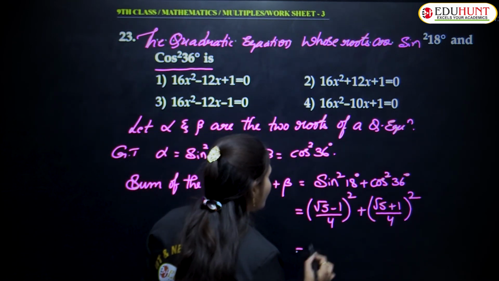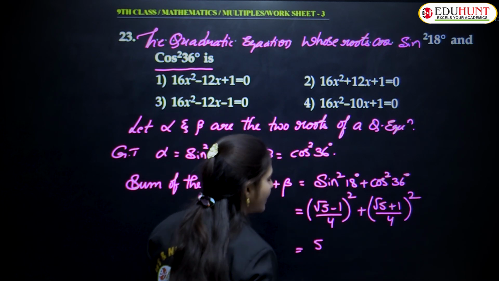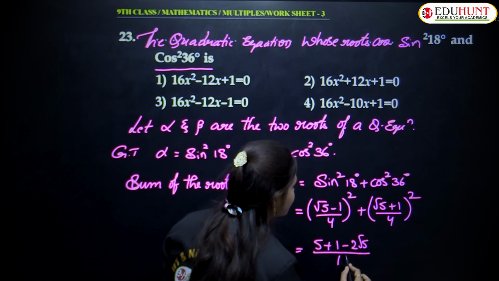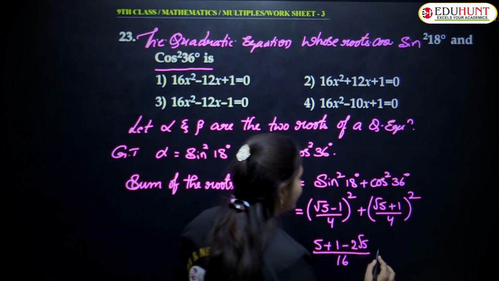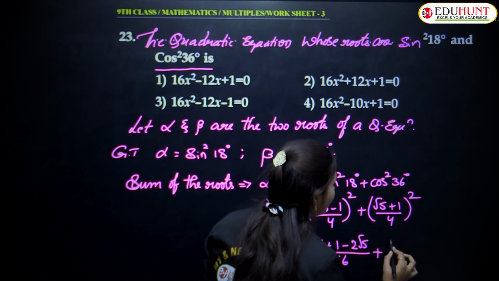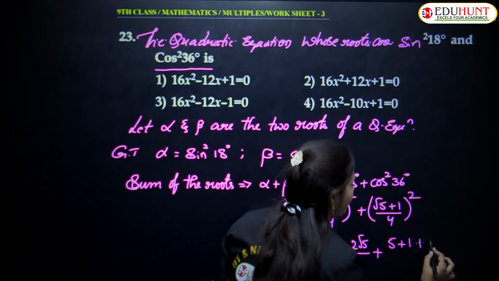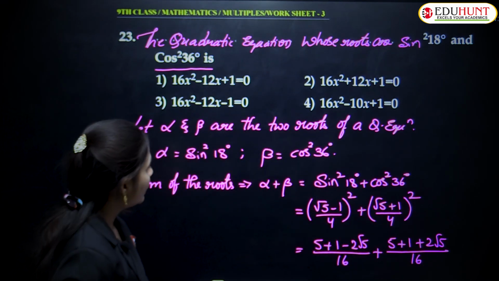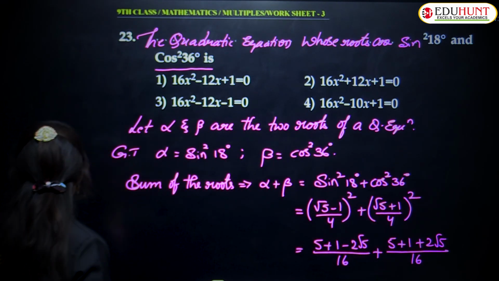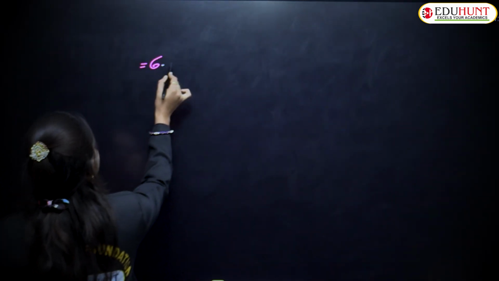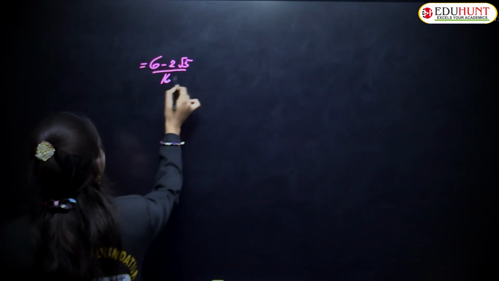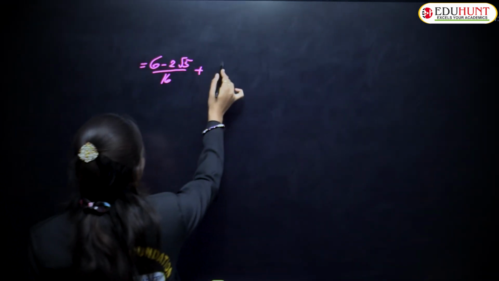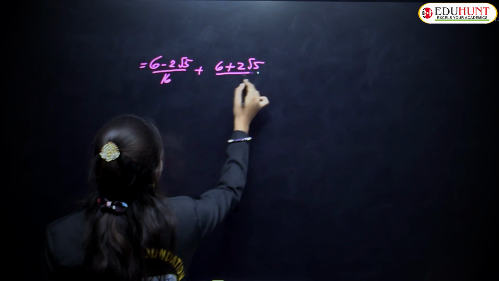Now root 5 minus 1 whole square: root 5 whole square is 5 plus b square minus 2ab, whole by 16, plus a plus b whole square, which is 5 plus 1 plus 2 into 1 into root 5, by 16. Now 5 plus 1 is 6, so 6 minus 2 root 5 by 16 plus 6 plus 2 root 5 by 16.